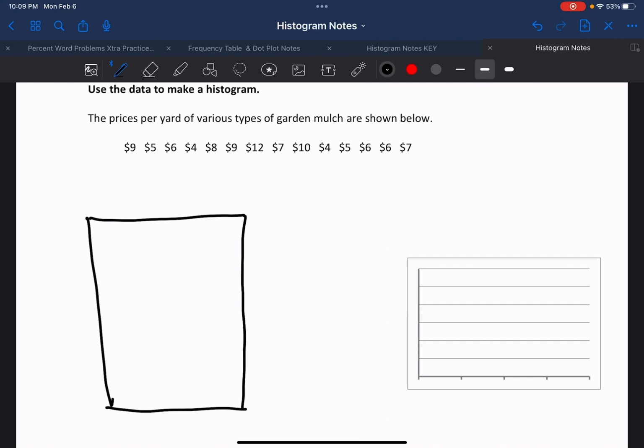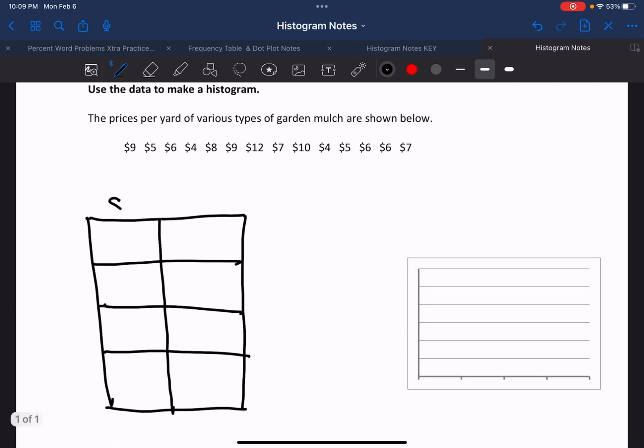I'm going to have probably 4 different categories: 1, 2, 3, 4. I'm going to have my dollars here for garden mulch, and this is my frequency. How many times does that dollar amount appear? And when I figure out my dollars, I'm going to figure out a range of dollars right here.